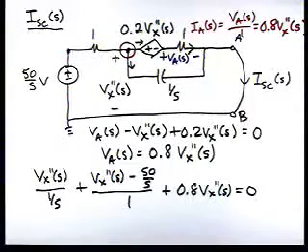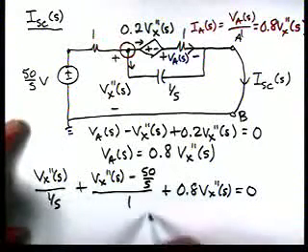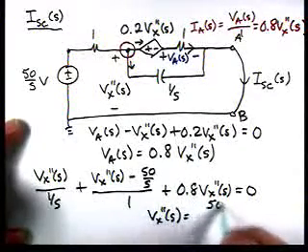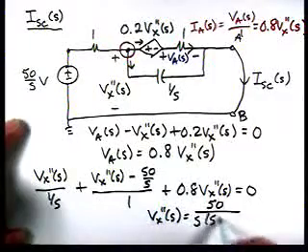Now, if we go through and solve this for Vx double prime of S, it becomes 50 over S times S plus 1.8.